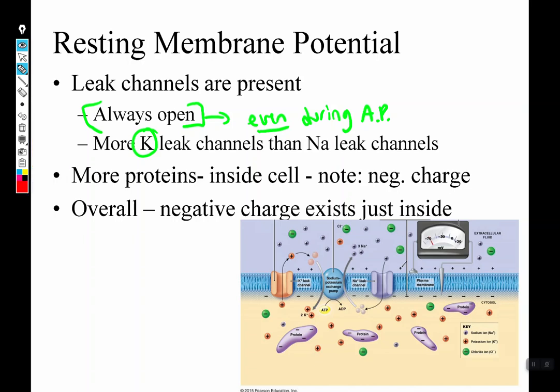We also want to note that there are these large proteins, which are things like enzymes and transporters inside of the cell. Many of the amino acids in the 20 or so amino acid chart that we have are negatively charged.